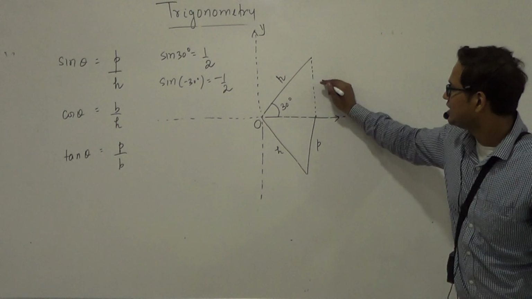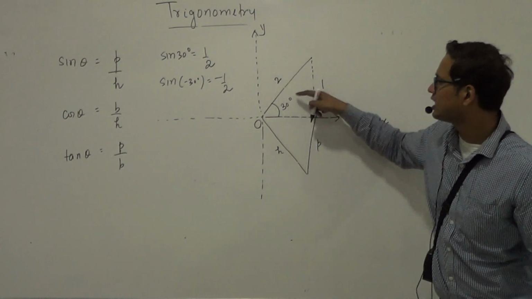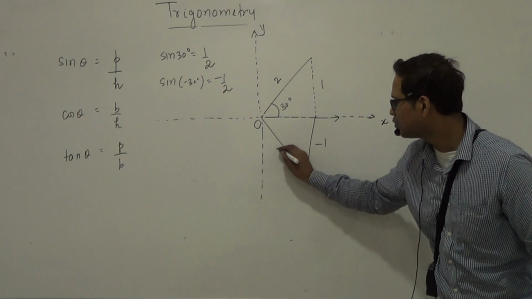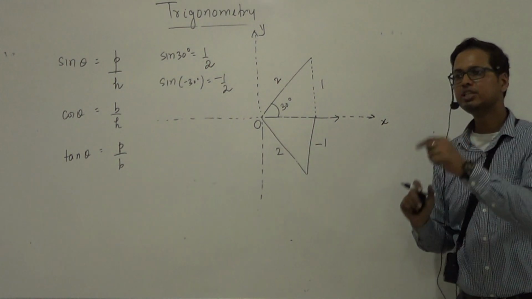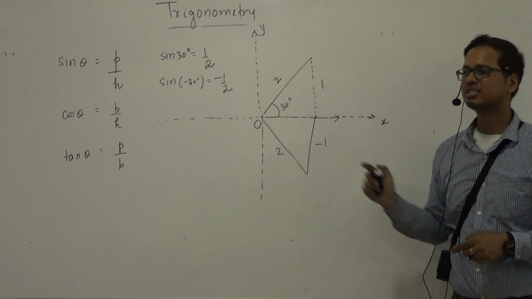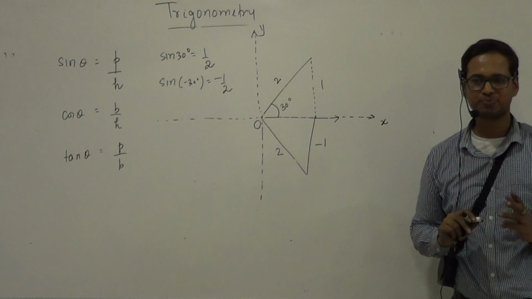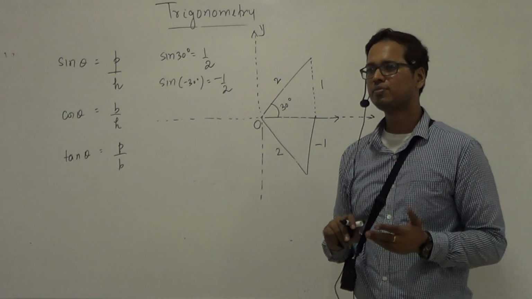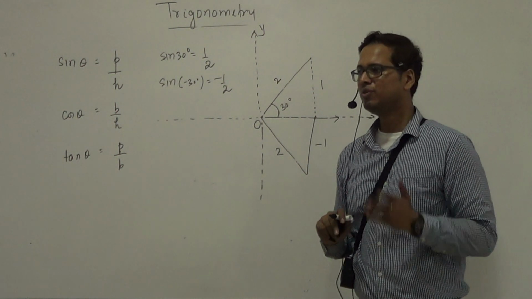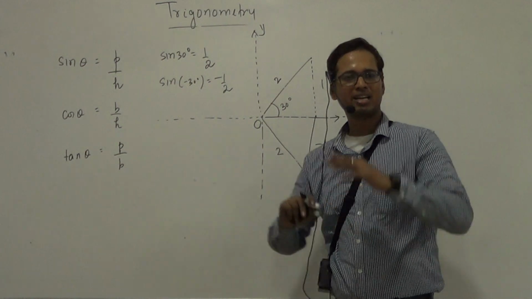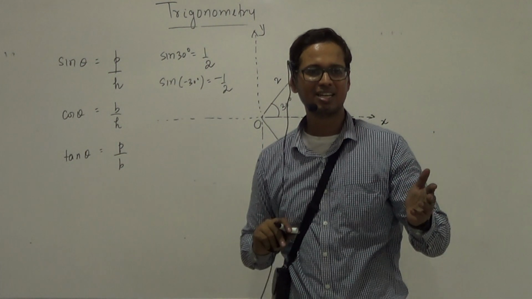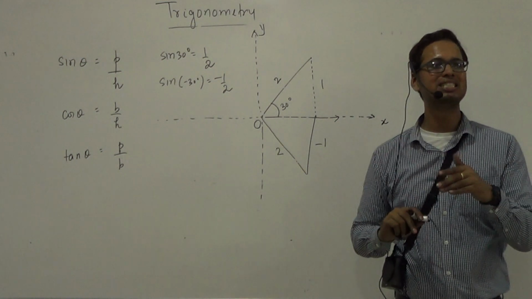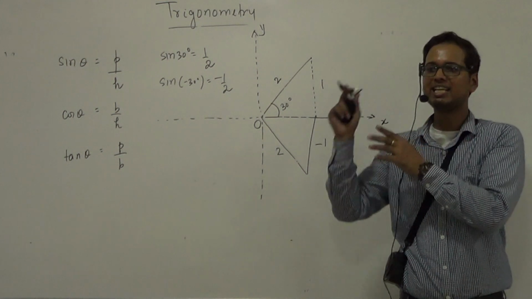Because this was 1, this was 2 in the case of 30 degree, but now this will be minus 1 and 2 here. And hence I use the word directed segments. Are you getting this point? So if I give you any angle, will you be able to make a reference triangle, and will you be able to identify what would be the sine of that angle?